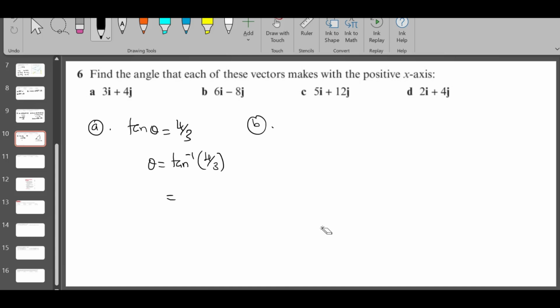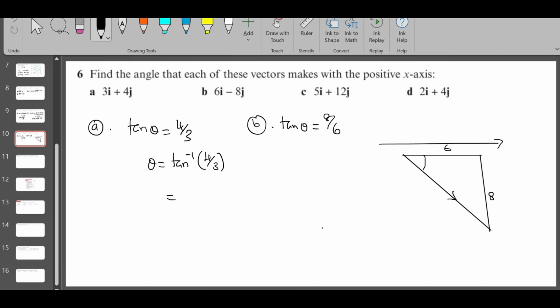Now for B, 6i minus 8j. So let's say this is 6i, minus 8j, so downwards 8. This is the vector. Now let's say x-axis is here. The angle is this angle. So tan theta is 8 over 6.